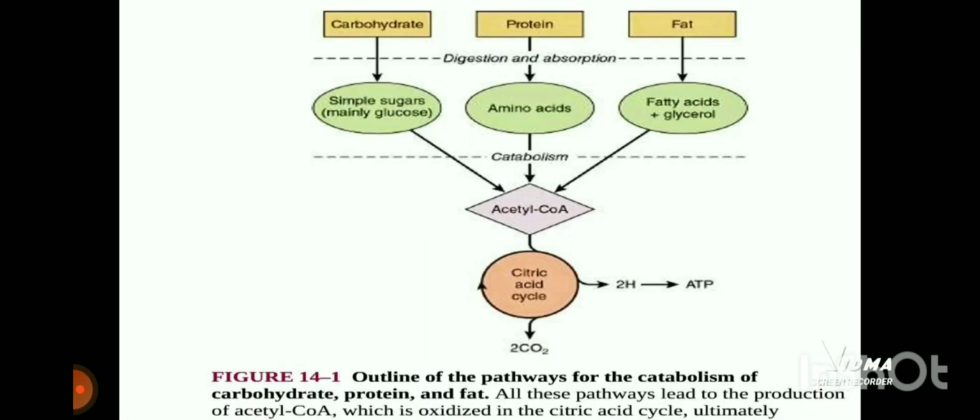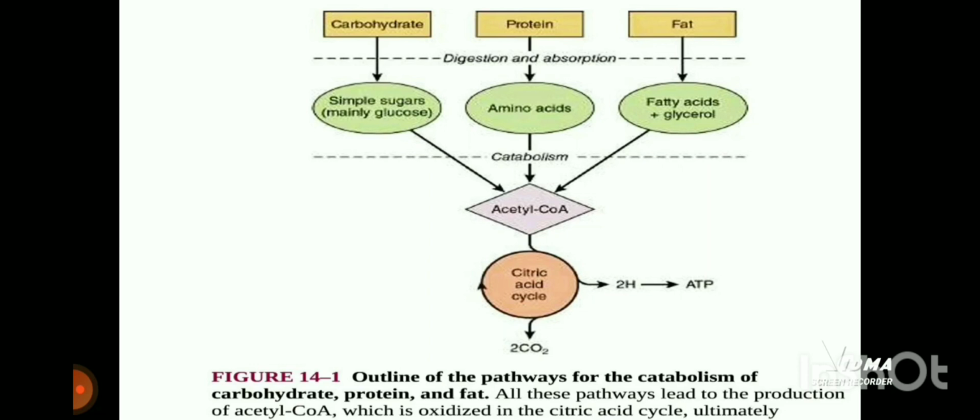This is a simple figure outlining the pathway for the catabolism of carbohydrate, protein and fat. We try to understand this figure. The main constituents of the diet, carbohydrate, protein and fat, when we ingest them as food, what happens?